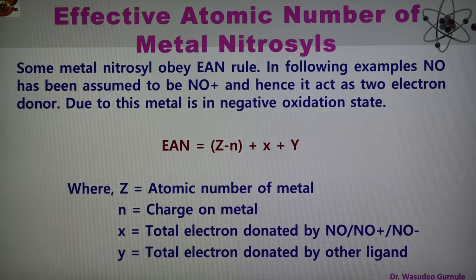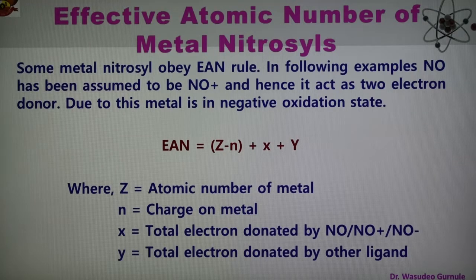Following some examples we are discussing in which the NO has been assumed to be NO plus, and hence it acts as a 2 electron donor. When nitrosyl is NO plus, it acts as a 2 electron donor and the metal is in a negative oxidation state. This is an important part.